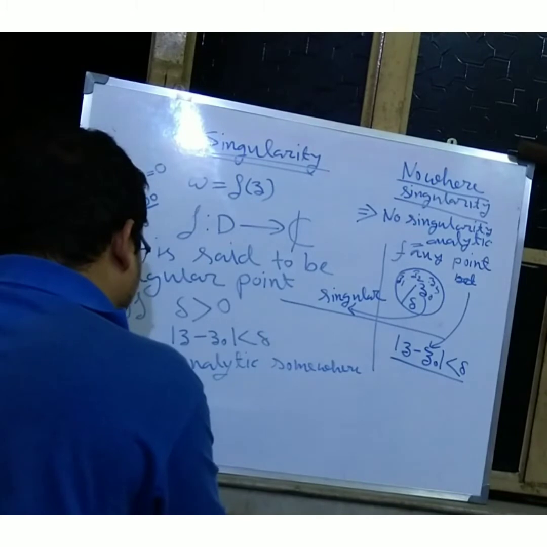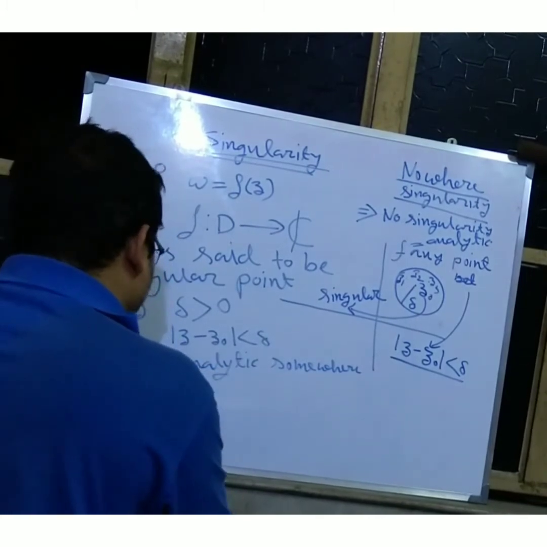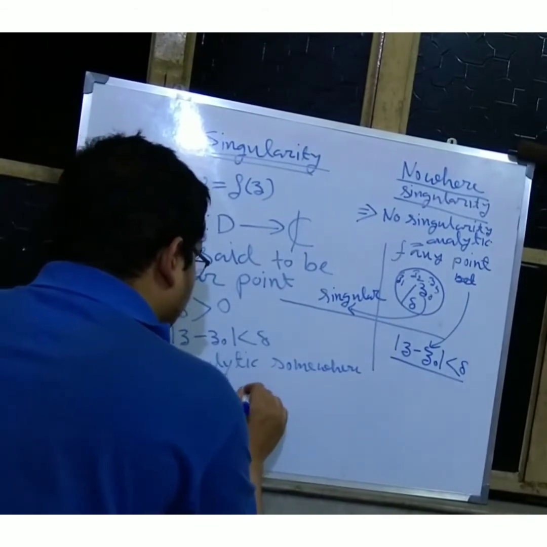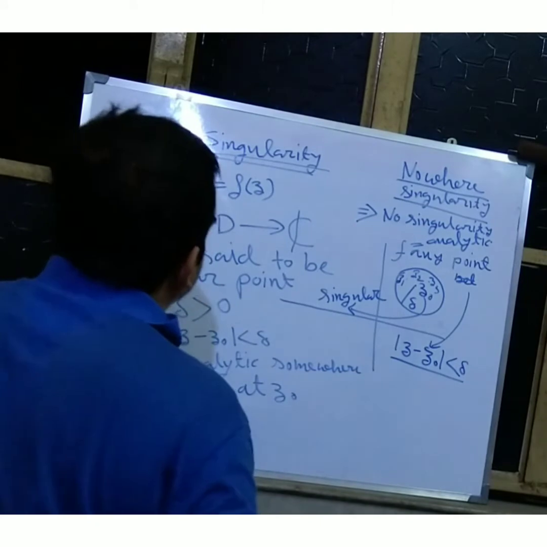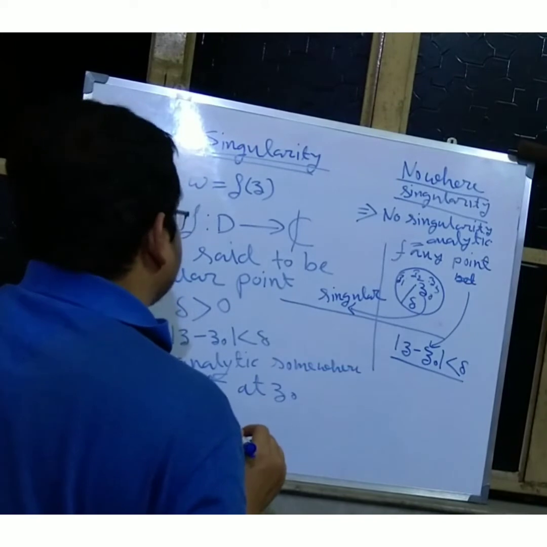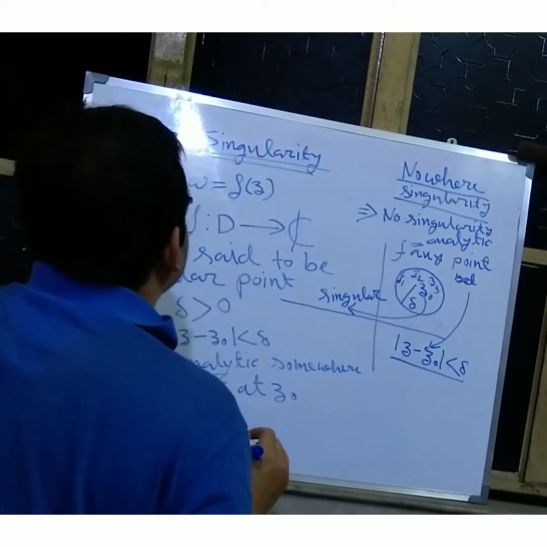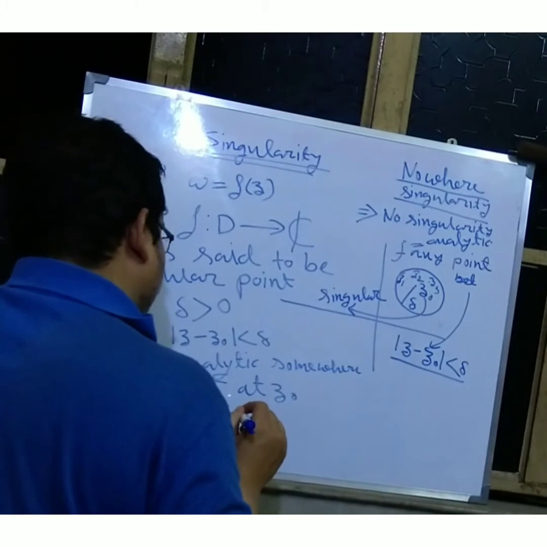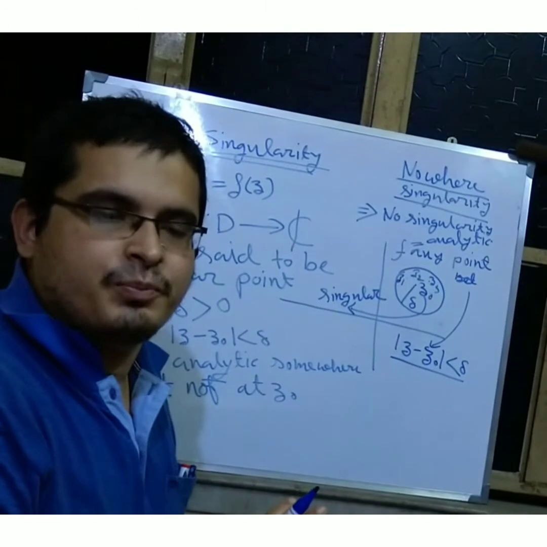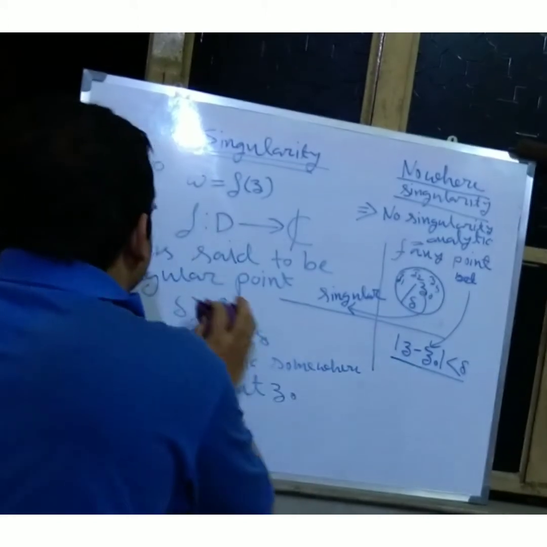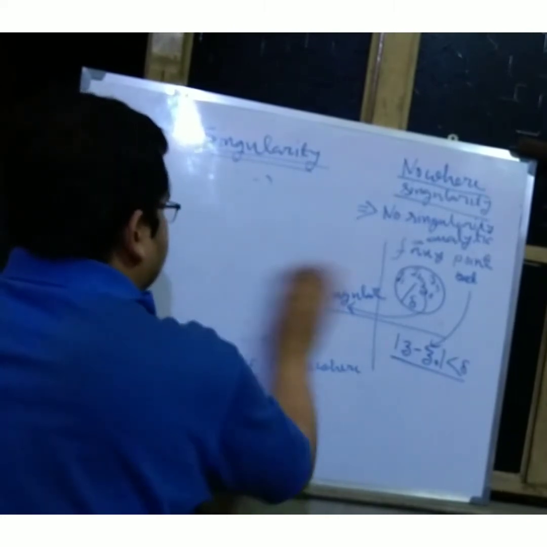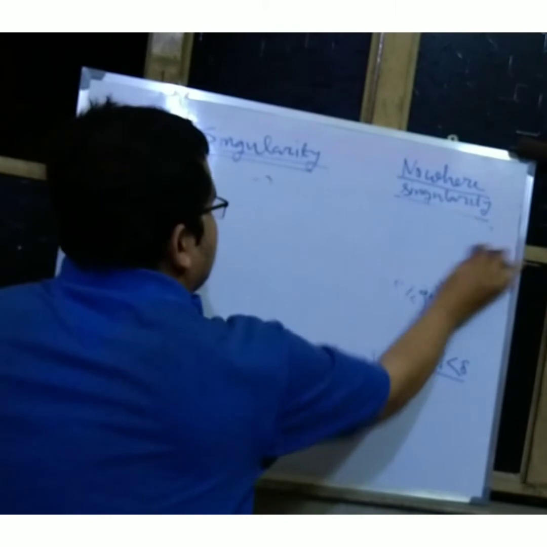F is analytic somewhere, but not at z0, then z0 is a singular point. I hope I will explain everything. Now I will discuss some examples of singular point.